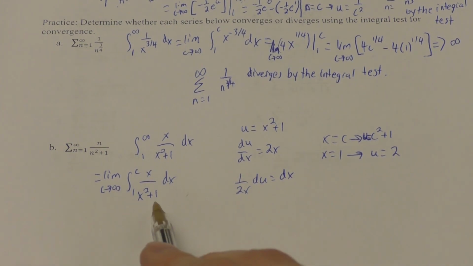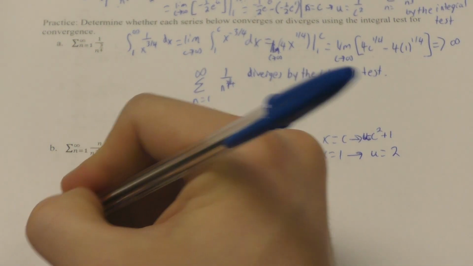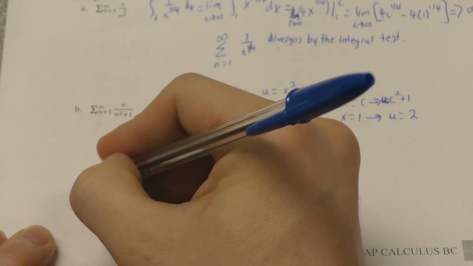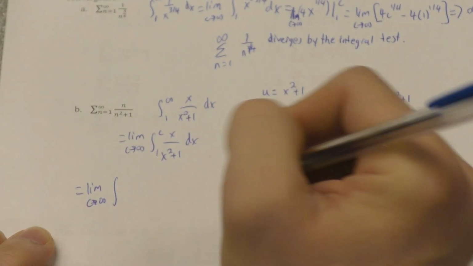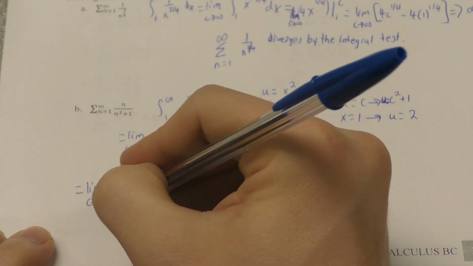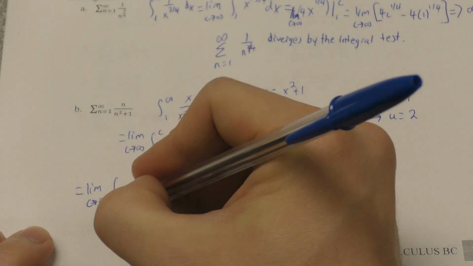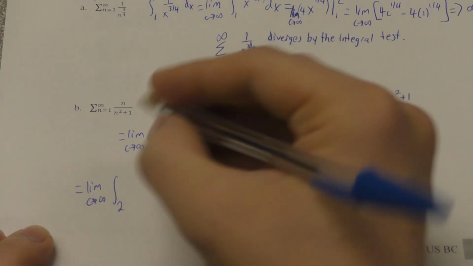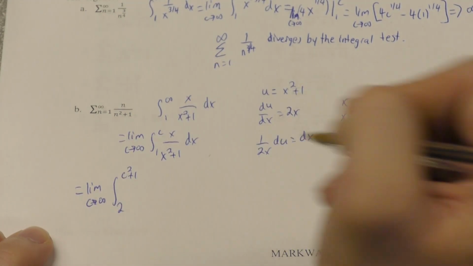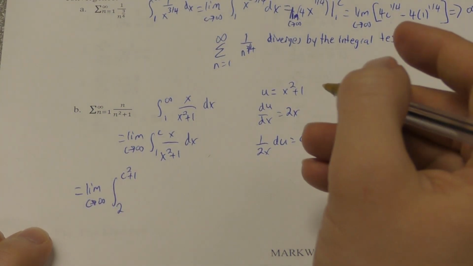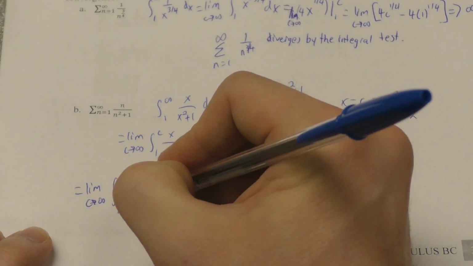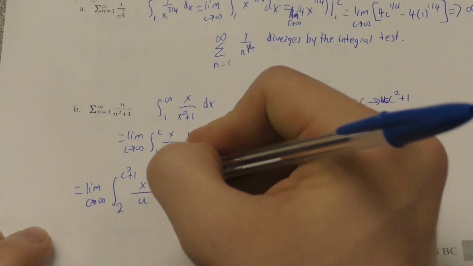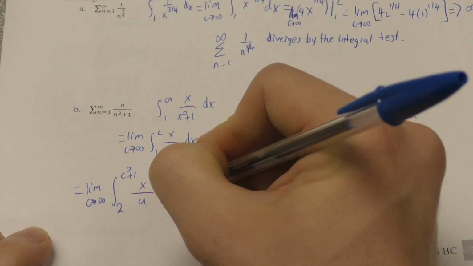All right, so I have all the stuff I need for my substitution. That means for us, the limit as c approaches infinity of the integral from, I'm going to change my endpoints, 2 to c squared plus 1 of x over u, where u is x squared plus 1, dx. dx is 1 over 2x du.